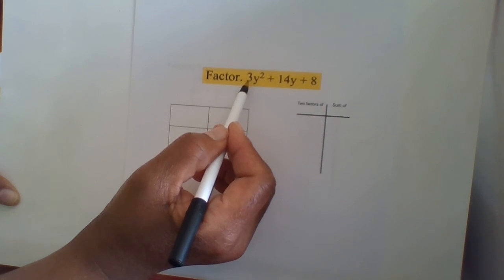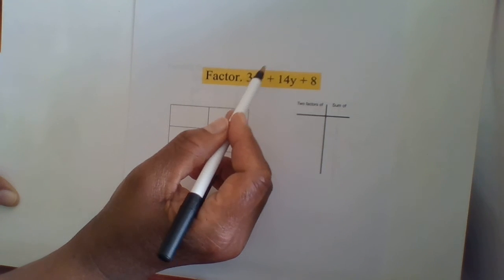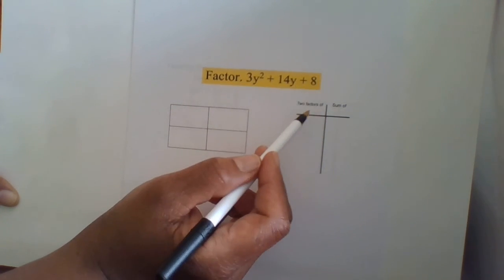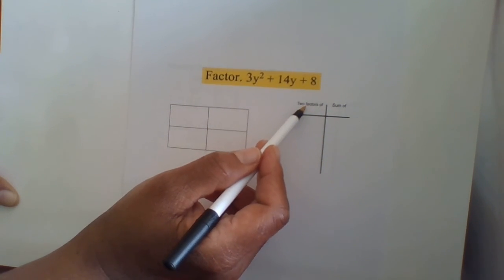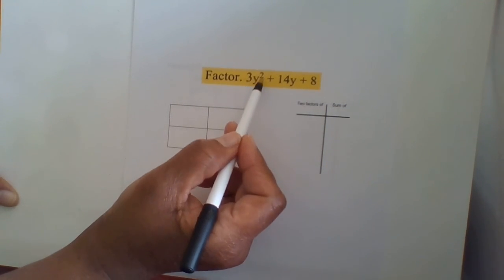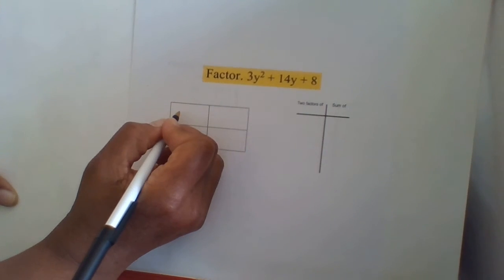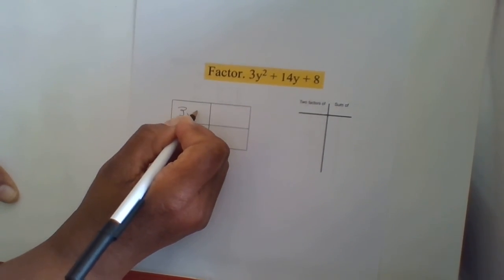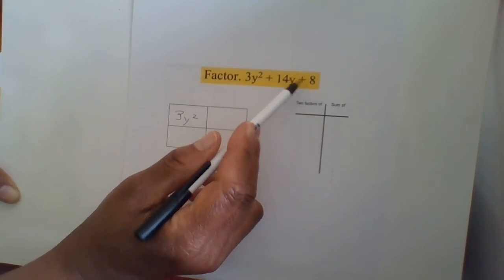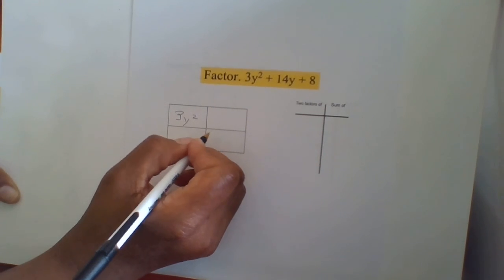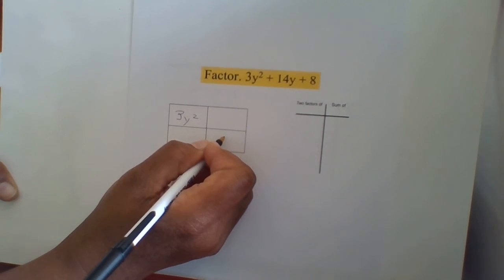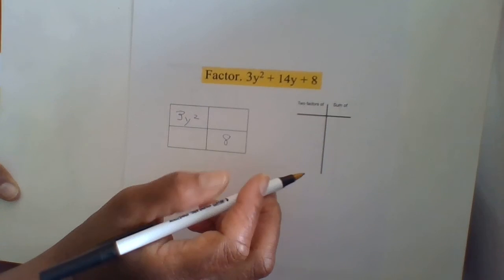since my a is 3, I need to multiply 3 times 8, and that will give me the number that I'm looking for. So first of all, put 3y squared in the first box. 8 is going to be diagonally across from it in the bottom right box.